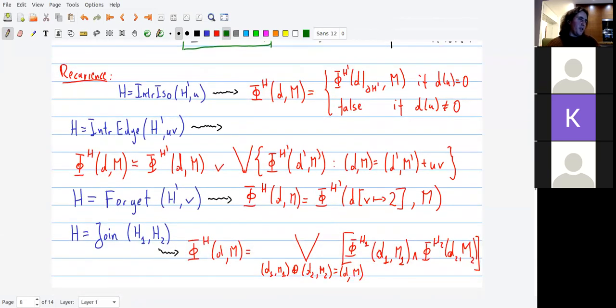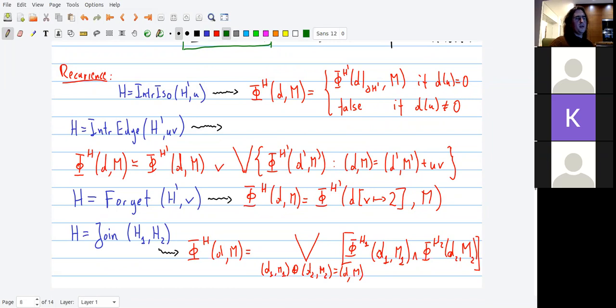Good. So now the tedious part of the dynamic programming is to actually give the recurrence formulas. So maybe I will not go line by line through this. Let me just highlight some important facts about it.